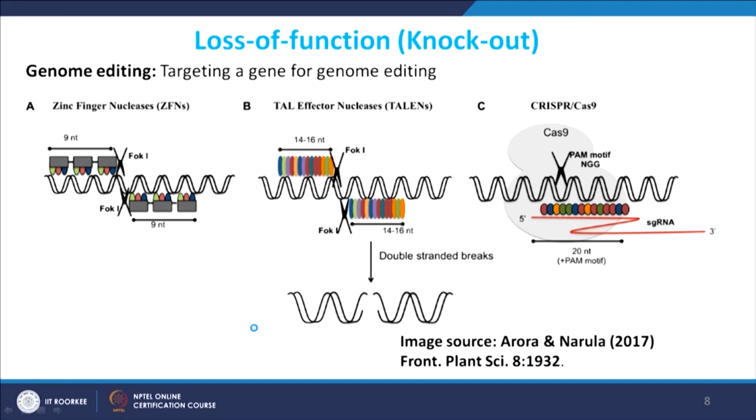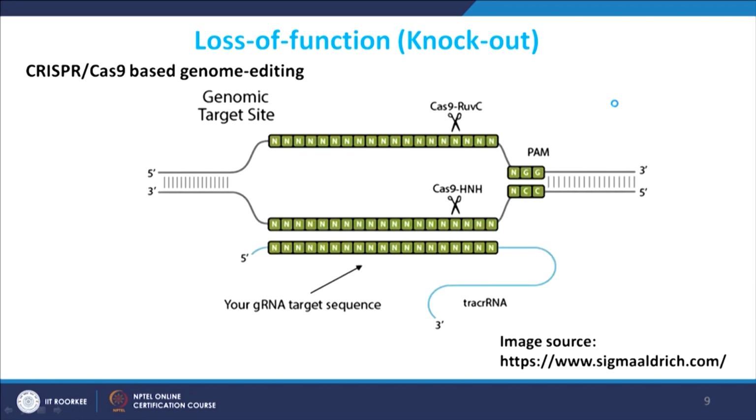Another method is genome editing. In genome editing there are many techniques available which you can use to edit the genome, ZFN, then TALEN, but recently CRISPR-Cas9 has been used very widely and extensively. So we will see how this is used to edit a gene.